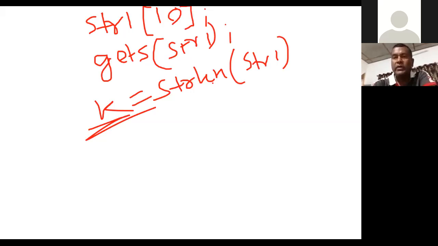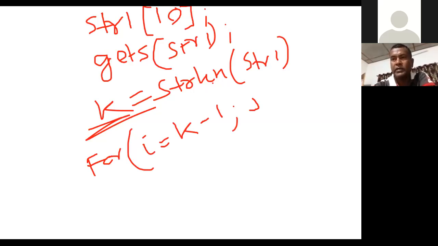Now I use one for loop for K. Whatever I talked about right now, that logic I want to implement over here. Say I equal to K minus 1, I greater than or equal to 0, I minus minus.